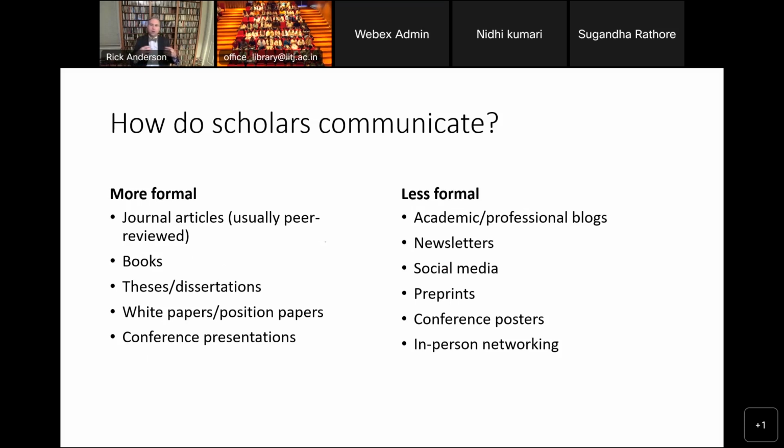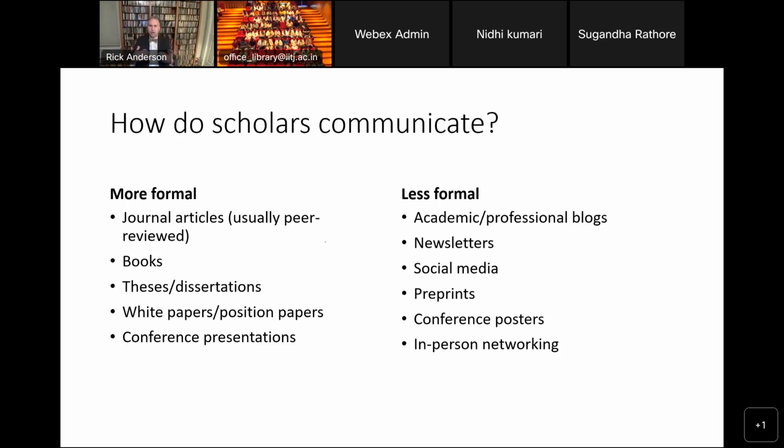And white papers are very often the result of internal research that was done that is now being published and made available to the world. Often white papers and position papers are made available to the public for free, but not always. Sometimes they're sold. But they are almost always institutional expressions of scholarship rather than one individual author's or one team of authors' research findings.